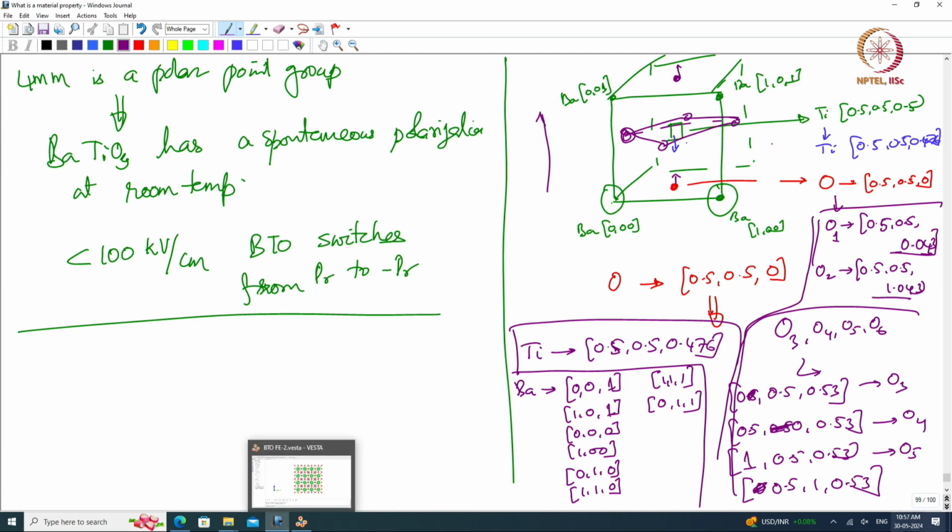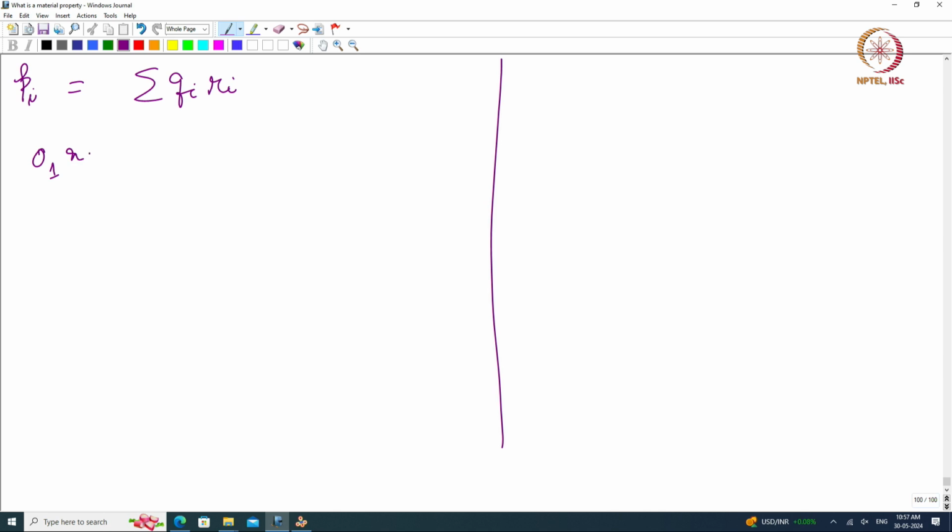So if I just take the oxygen displacement here and go to the next page, O1 and O2, I am just going to look at the c axis coordinate. So the calculation then becomes 1.043 plus 0.043, times the charge, which is 2 by 6, plus O3, O4, O5, O6, all of them displaced together.